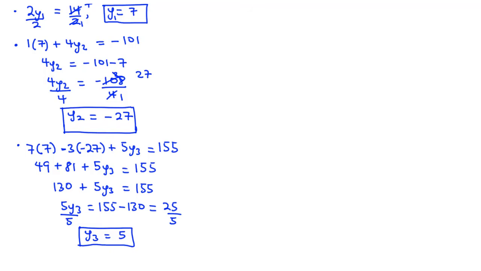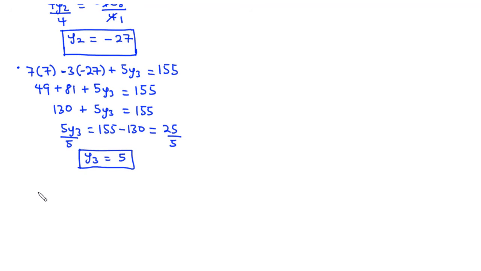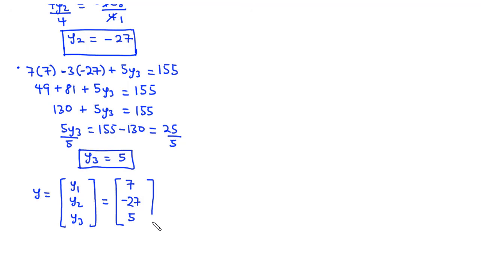Therefore we have y equal to y1, y2, y3, and that is equal to, we have y1 to be 7, y2 negative 27, y3 that is 5.